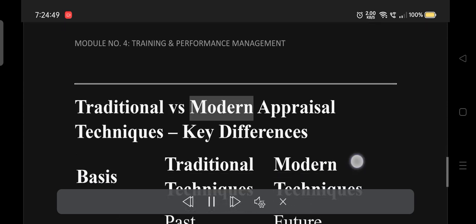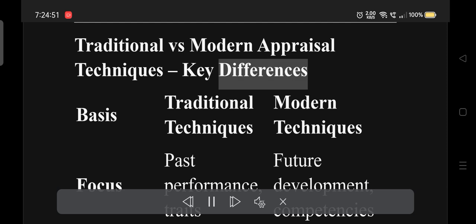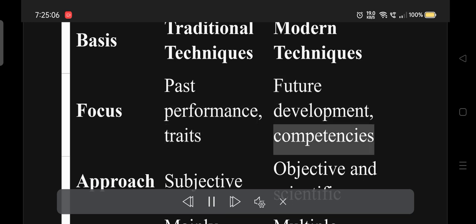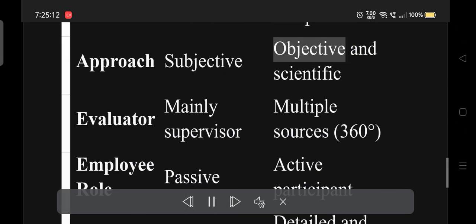Traditional versus modern appraisal techniques, key differences. Basis: traditional techniques versus modern techniques. Focus: past performance and traits versus future development and competencies. Approach: subjective versus objective and scientific.